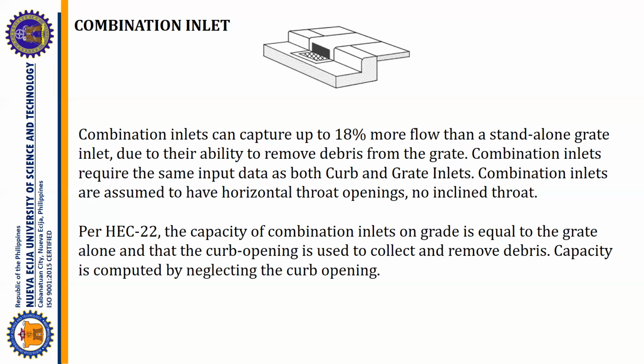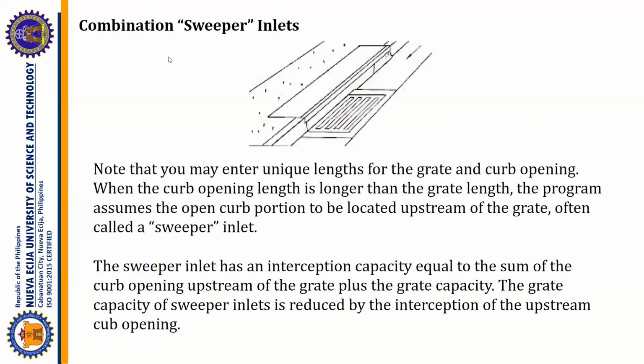So, mas effective ito, hindi naman ito yung pinaka, pero mas effective siya dun sa dalawang nauna. Kasi nga combination siya ng curb inlet and the grate inlet. So, combination sweeper inlet. So, eto na.